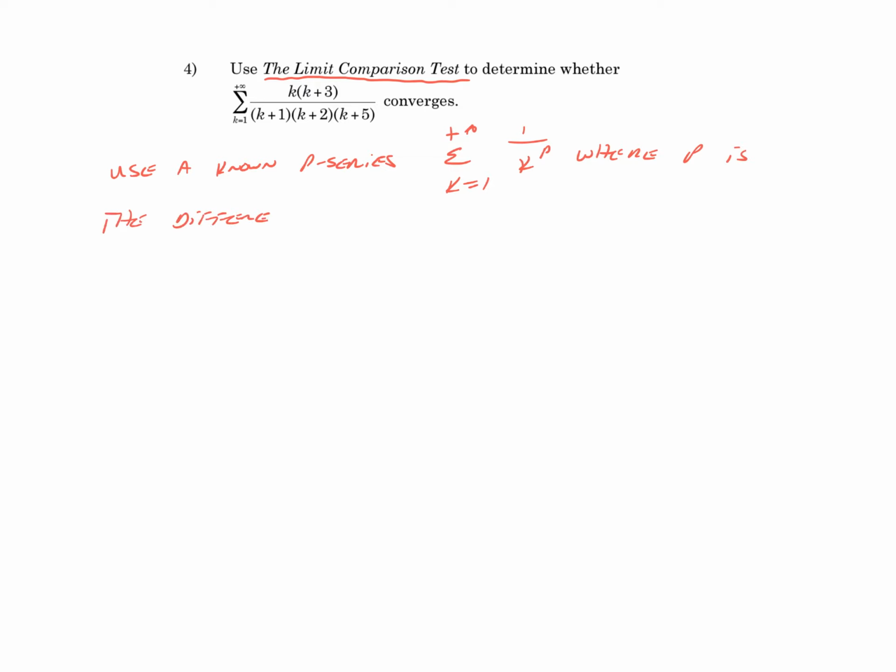And I guess I could put in positive difference if you want. It should be obvious that you would use the positive difference, but just in case it's not, just pop that in: positive difference in degrees between numerator and denominator.